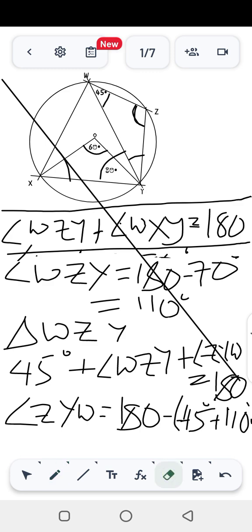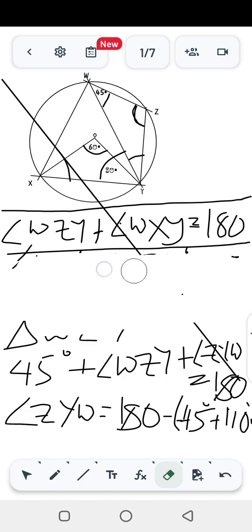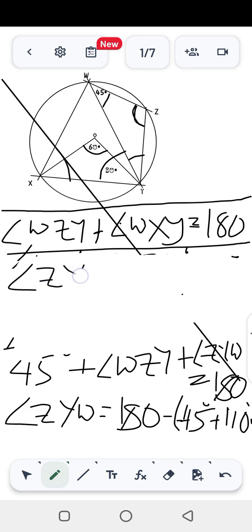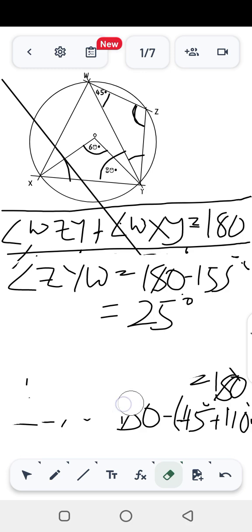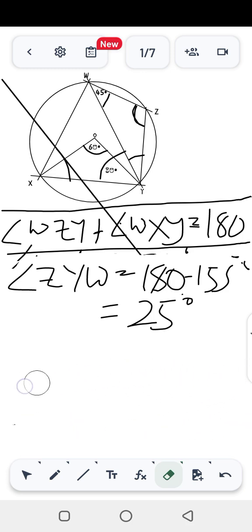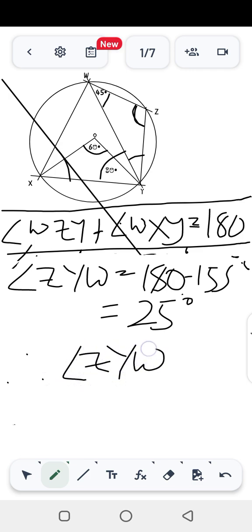So we'll have angle ZYW equal to 180 minus 155 degrees, and this will give us 25 degrees. So angle ZYW is 25 degrees. Therefore angle ZYW equals 25 degrees.